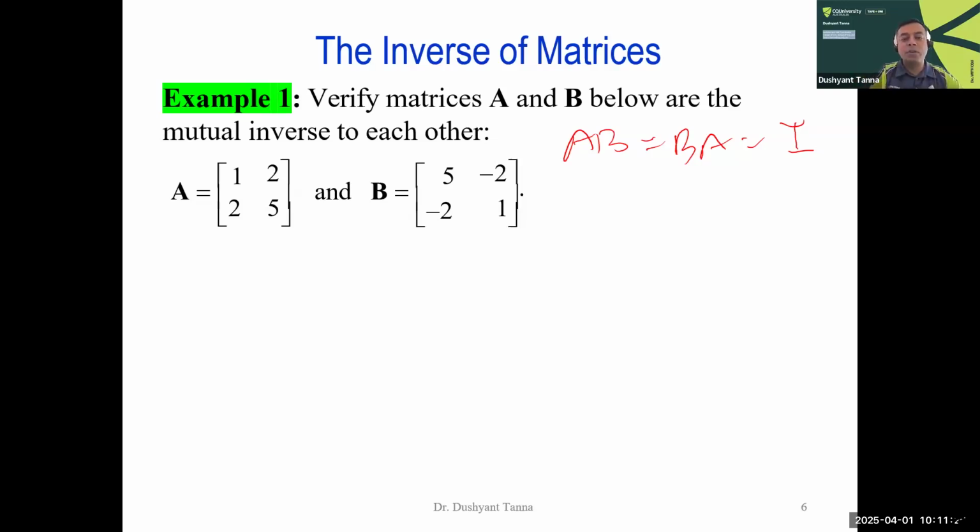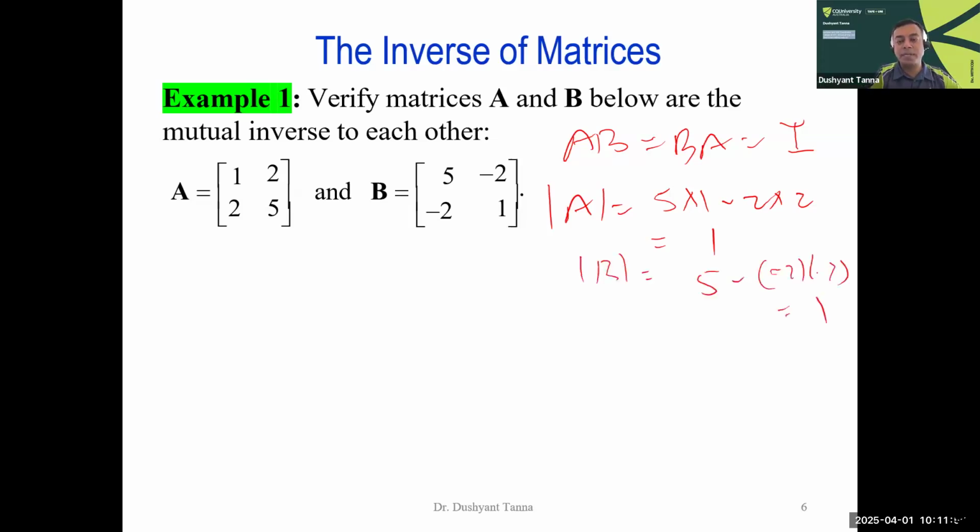So the determinant of A is 5 times 1 minus 2 times 2, 5 minus 4, that's 1, non-zero. Similarly, the determinant of B is 5 times 1 minus minus 2 times minus 2, that's also 1. That's non-zero, and that's what matters.